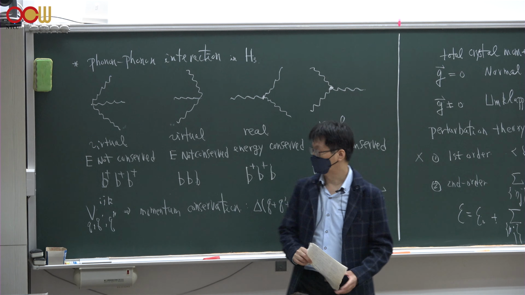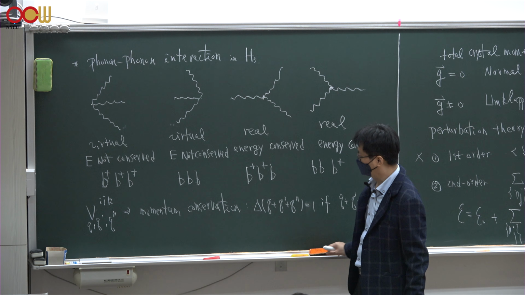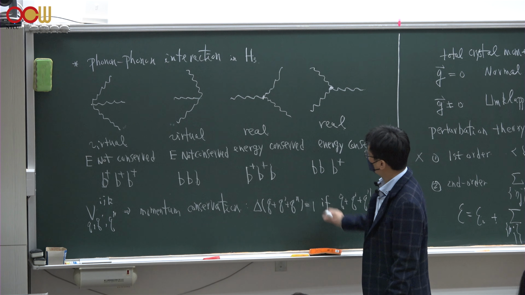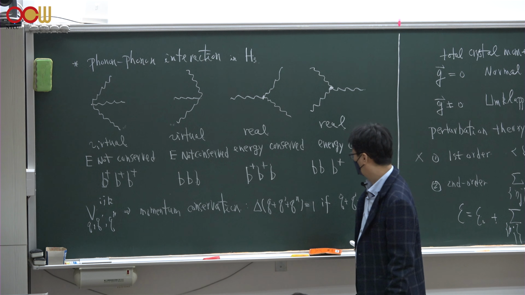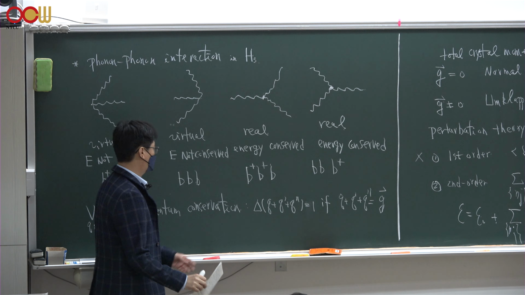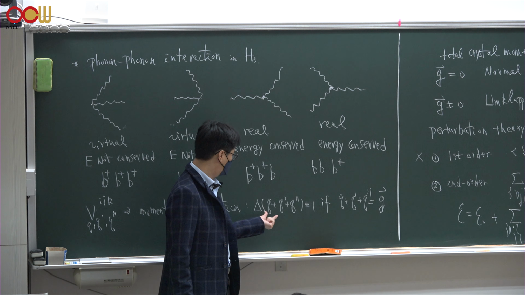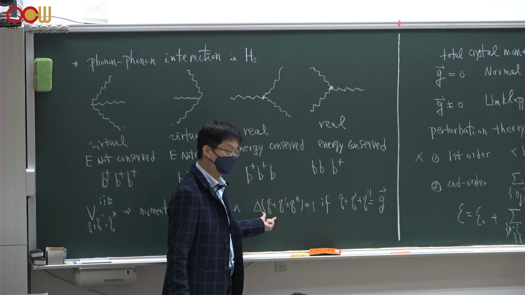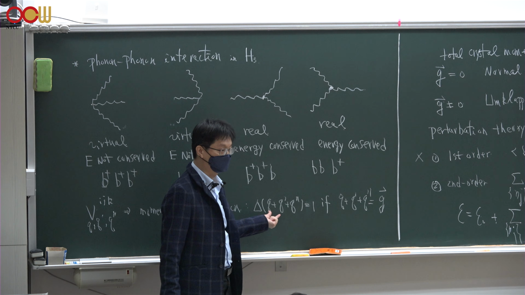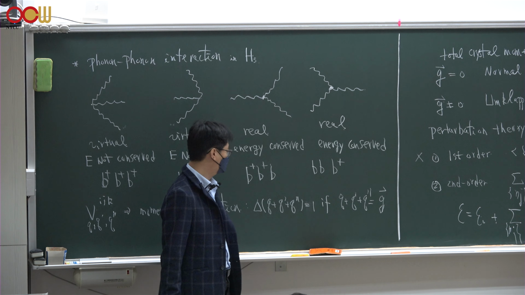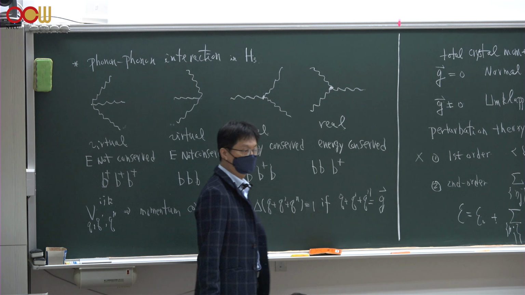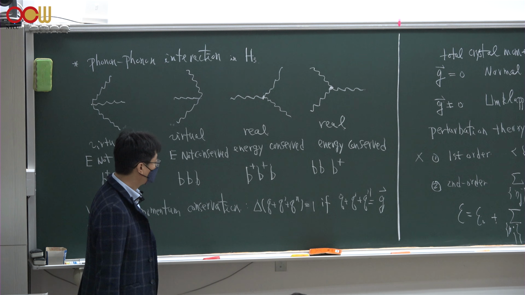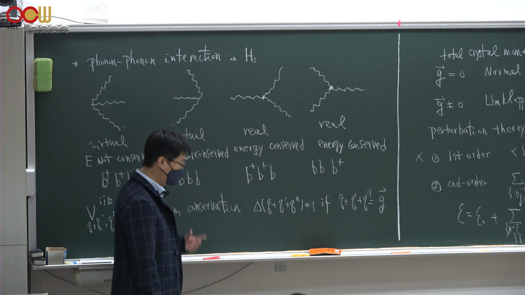As we already derived last time, at the interaction vertex point, the crystal momentum should be conserved, and therefore we have this crystal delta function, which tells you that the delta function of the sum of the three momenta gives you 1 if the sum of the three momenta gives you a reciprocal lattice vector G, where G could be either 0 or non-zero.